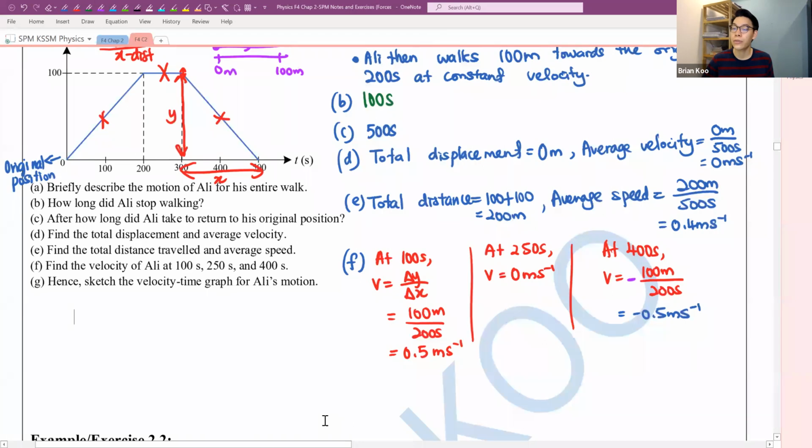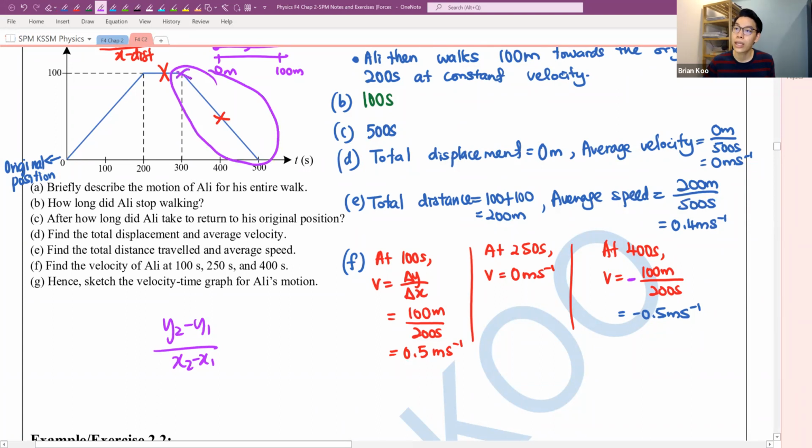I know some of you may ask me, teacher, can I use the y2 minus y1 formula over x2 minus x1? Can, no problem. But first thing, you need to write out your coordinates. So for this line, for example, the coordinate here is 300, 100. Here is 500, 0.